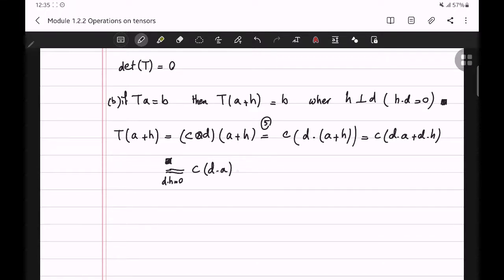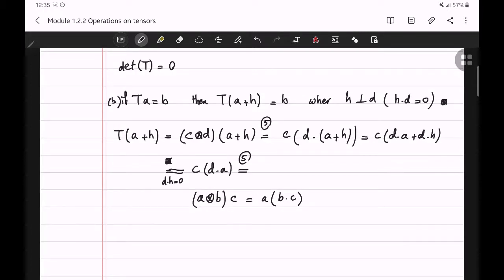Based on property 5, this is equal to... or I guess that I made a mistake maybe. So (A dyad B) C is equal to A (B dot C). So this is like D dot A.